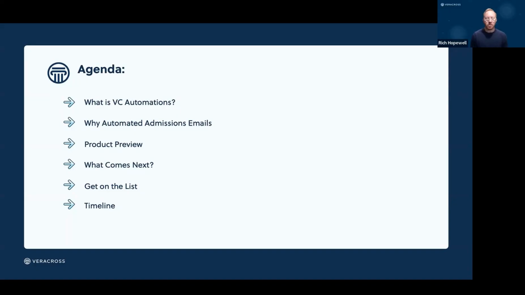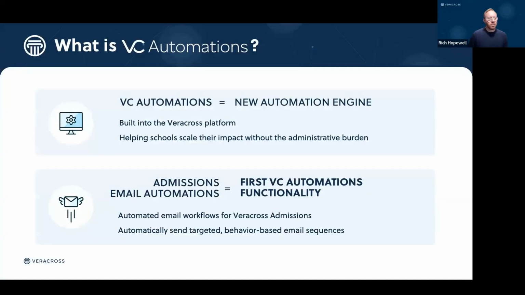So what is VC automations and what is the goal of VC automations from Veracross? This is a brand new engine that we've built into the Veracross platform. The goal of VC automations on the whole is to help our schools operate more strategically and scale their impact without the administrative burden that comes with all of these different workflows.